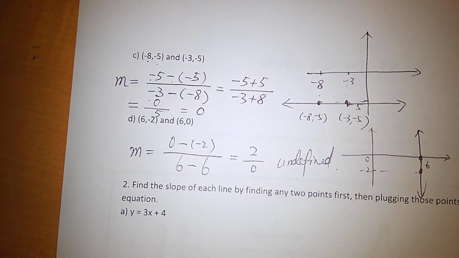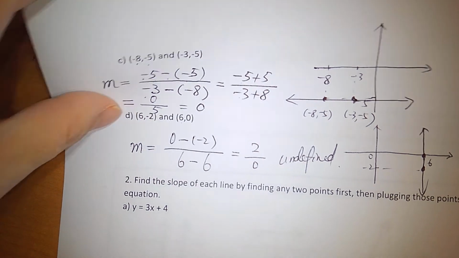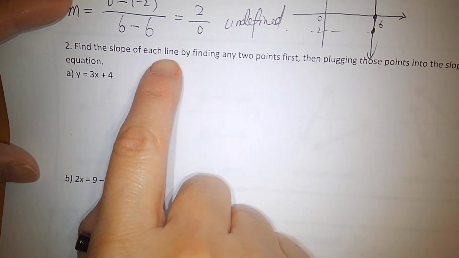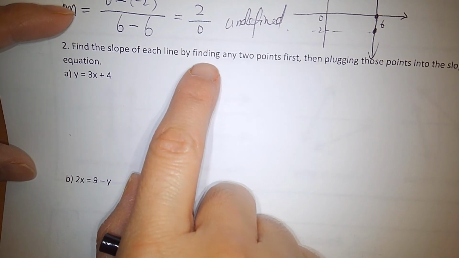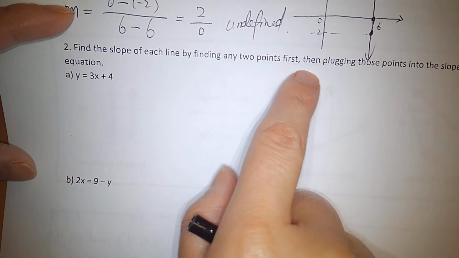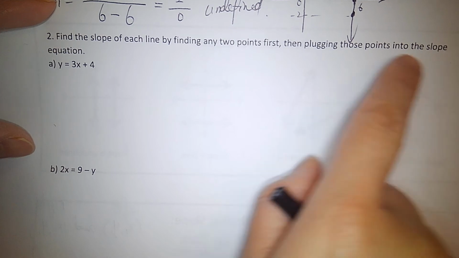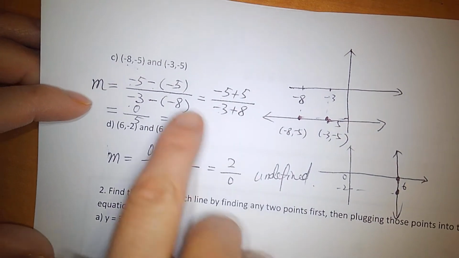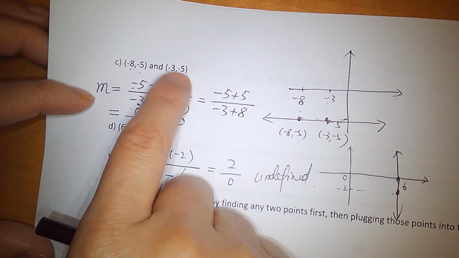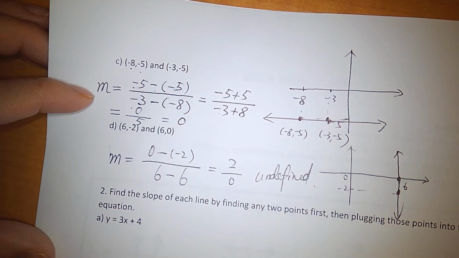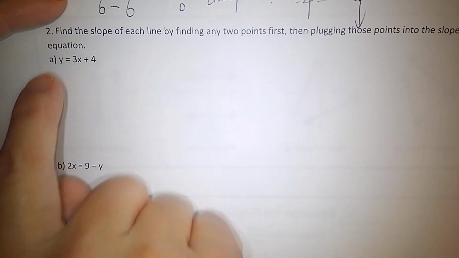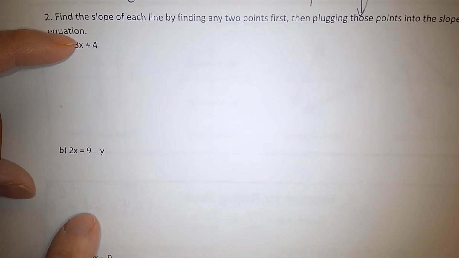All right, now let's look at question 2. Find the slope of each line by finding any 2 points first, then plug those points into the slope equation. From the previous question, we were given 2 points, so we just used the formula. Now we're not given 2 points, we're given an equation.